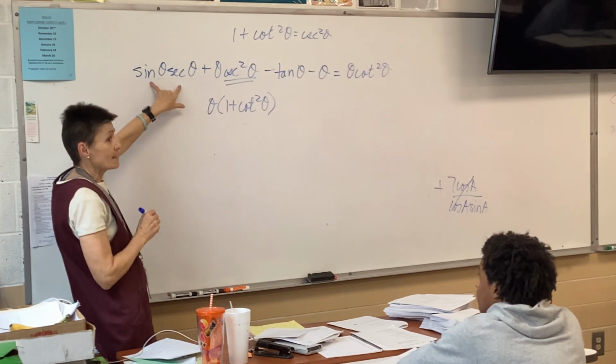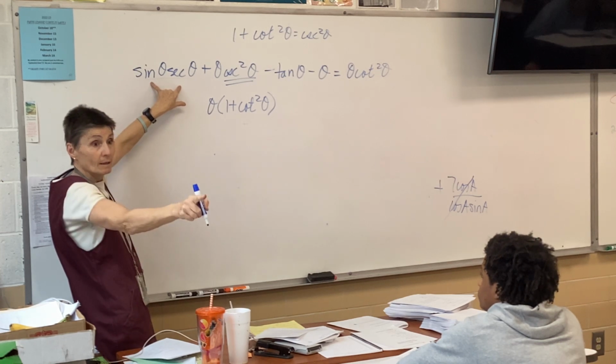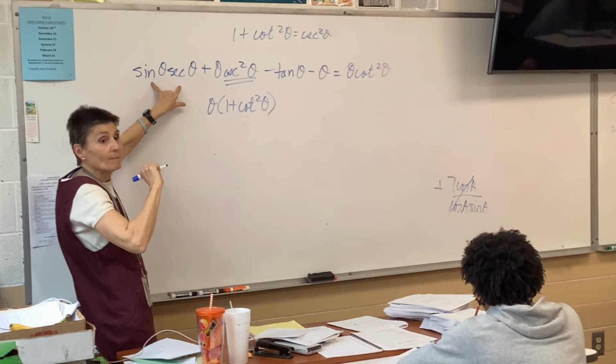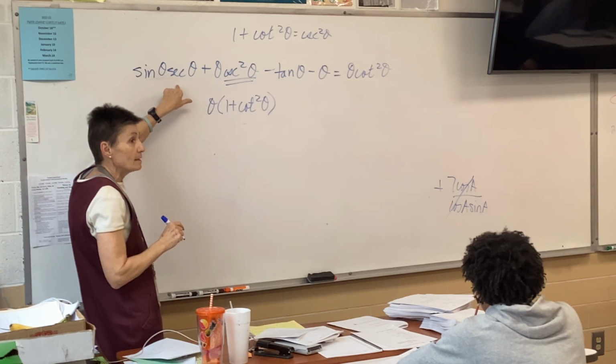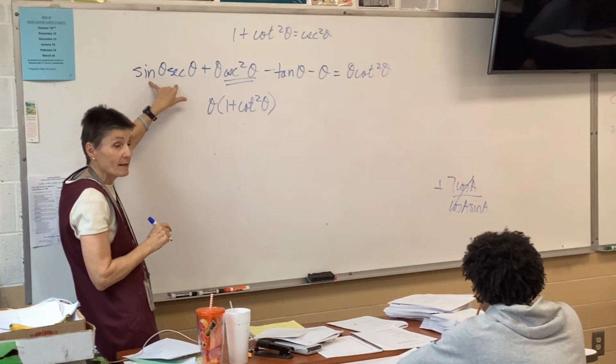When you looked at this, did anything pop into your head? You can flip that into like a tangent, cosine, whatever, and then they'll cancel out, and it leaves you with tangent. Exactly, because tangent is sine over cosine, and secant is 1 over cosine. So what happens when you multiply these two together?